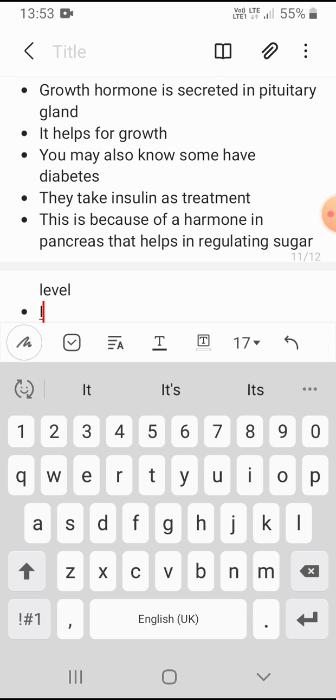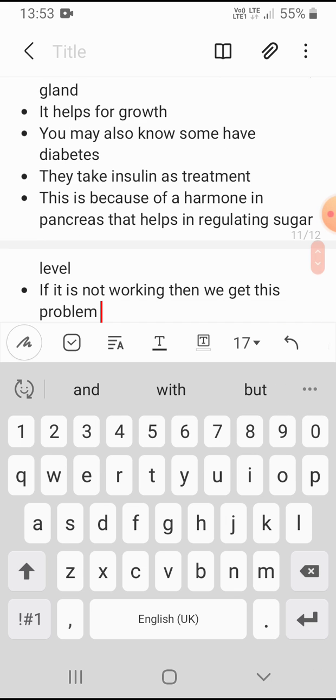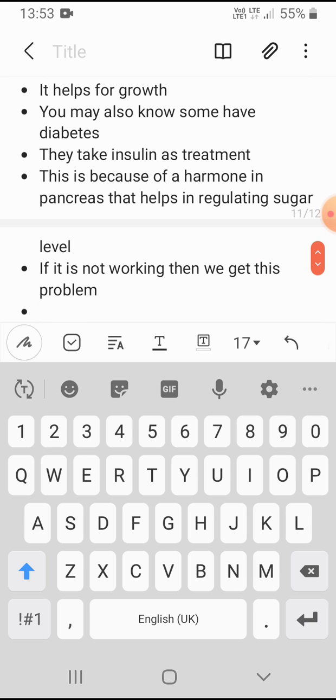If the hormone is not working, then we get this diabetes problem, and we use insulin as the medicine for this.